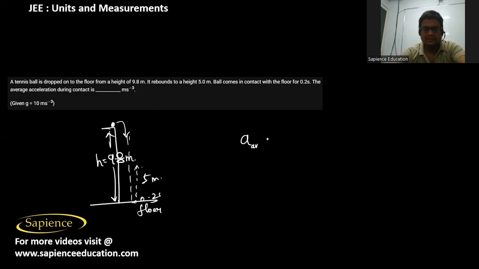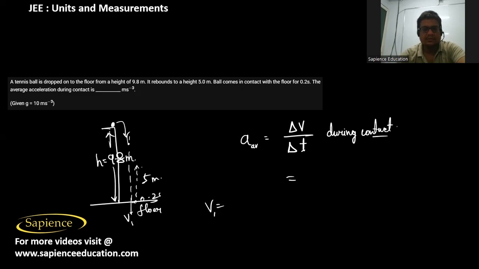So the average acceleration during contact will be the change in velocity divided by the time interval during contact. So the velocity with which it will hit the ground, let's say that is v1.